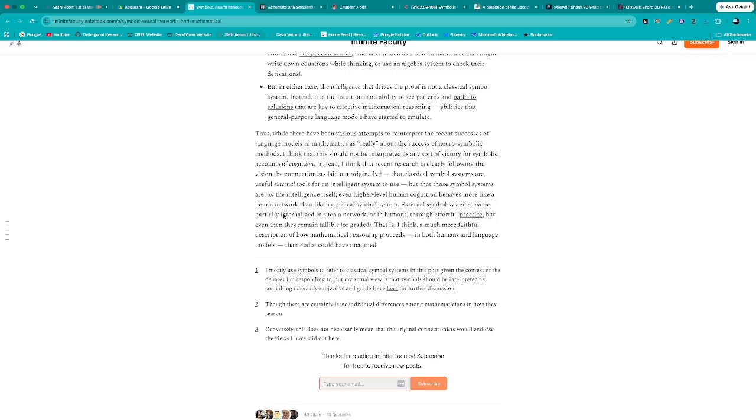External symbol systems can be partially internalized in such a network, or in humans through effortful practice, but even if they remain fallible or graded, I think it is a much more faithful description of how mathematical reasoning proceeds in both humans and language models than Fodor could imagine.